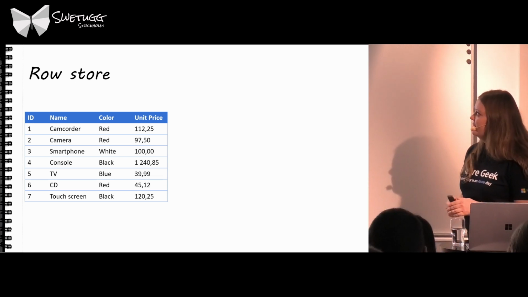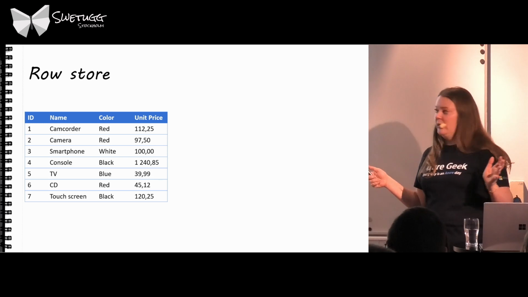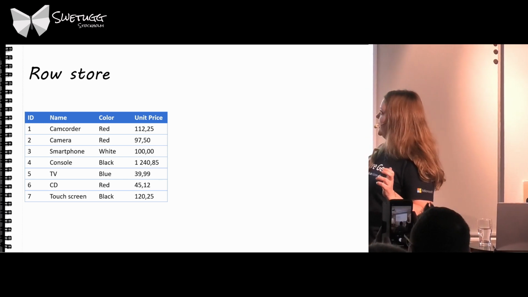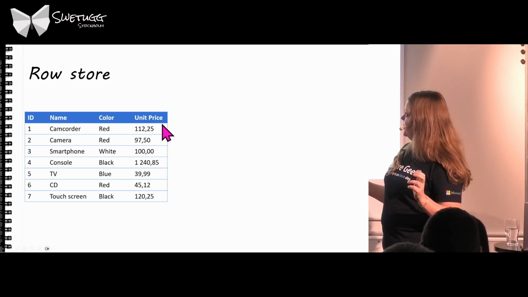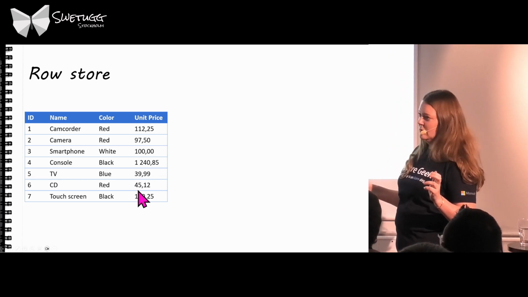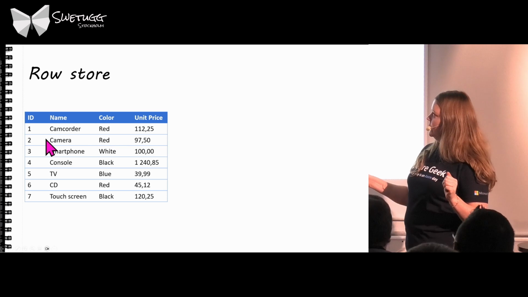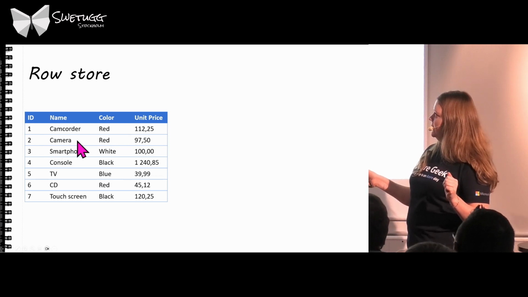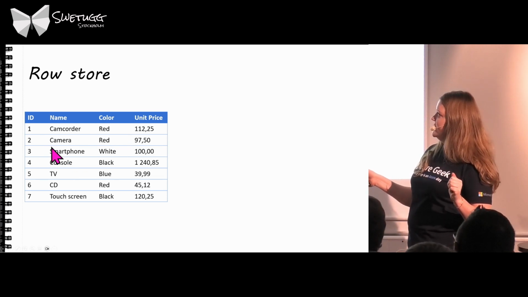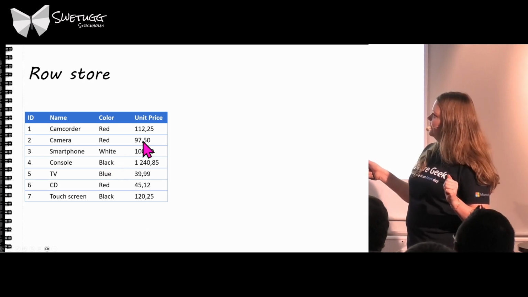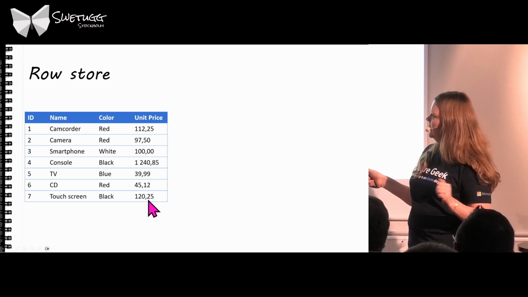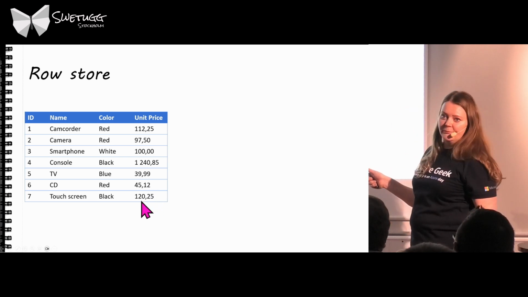What if you were asked, as a human being, to quickly summarize, here, unit prices? You won't go row by row, right? Because you see a lot of unnecessary columns. ID, name, color is not interesting for you. You will just go and scan this column.